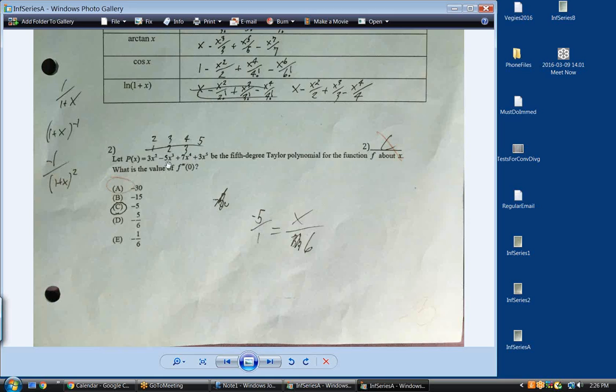So if I assume that that started with a 3 factorial, which is the number 6, then minus 5 has to be that f triple prime of 0 divided by 3 factorial. And so minus 30 is actually the f triple prime of 0. And that ended up giving us a coefficient of minus 5.